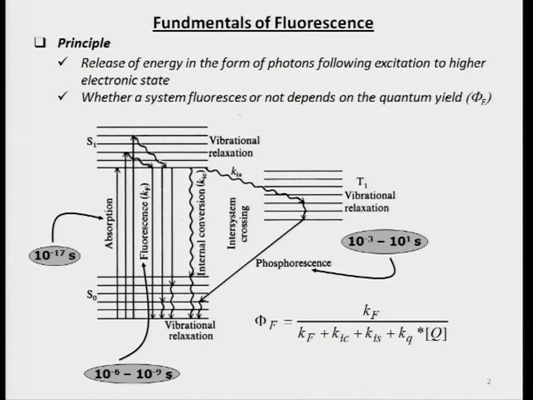Obviously, that could also release energy because of thermal loss, but it can also release energy in the form of photons, and that is called phosphorescence. Both of these processes release light, and that can be detected, and that tells us a lot about the system.